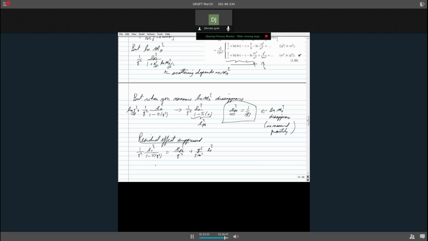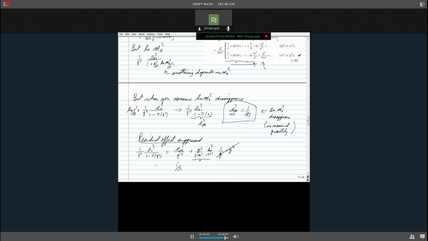It was in principle sensitive to the log of the heavy mass, but the log disappears because it's in the measured quantity. So that's good. Quantum mechanics actually now can work. You can make a prediction.